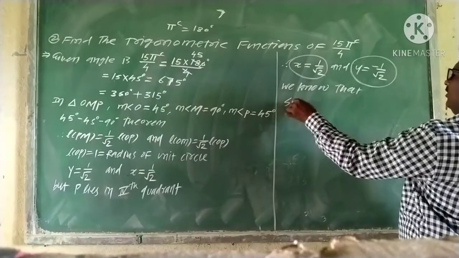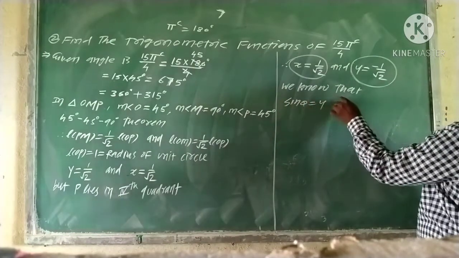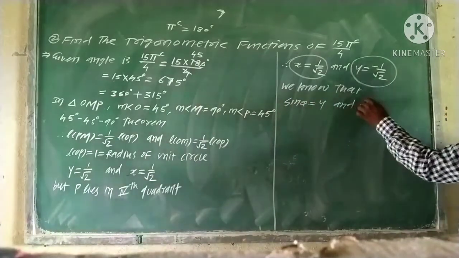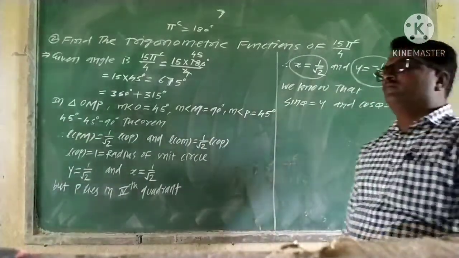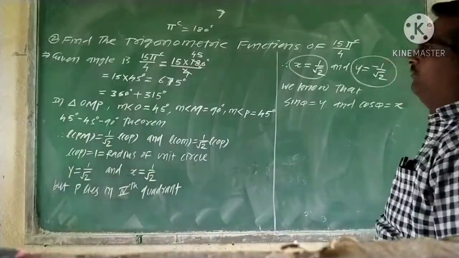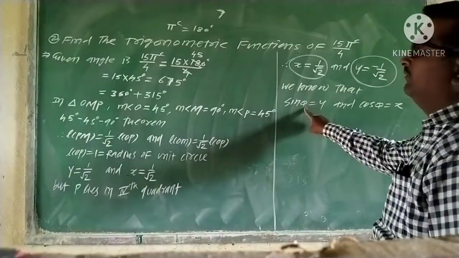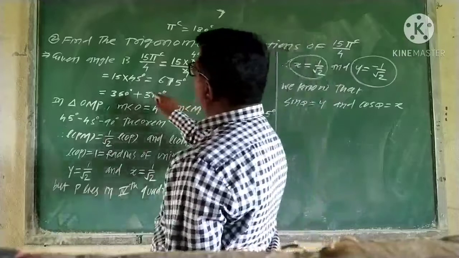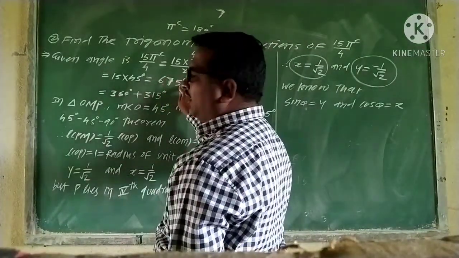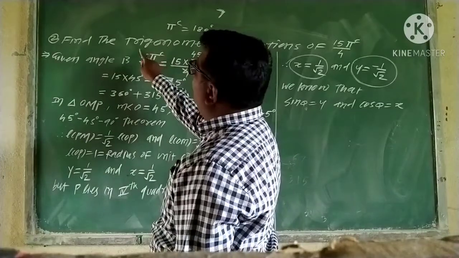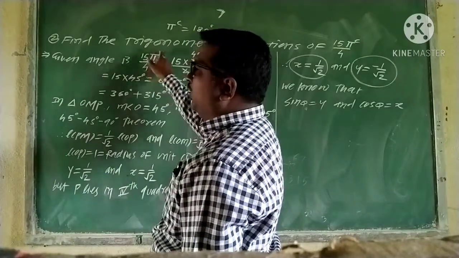Here theta is an angle of measure 675 degrees, or 15 pi upon 4 radian.